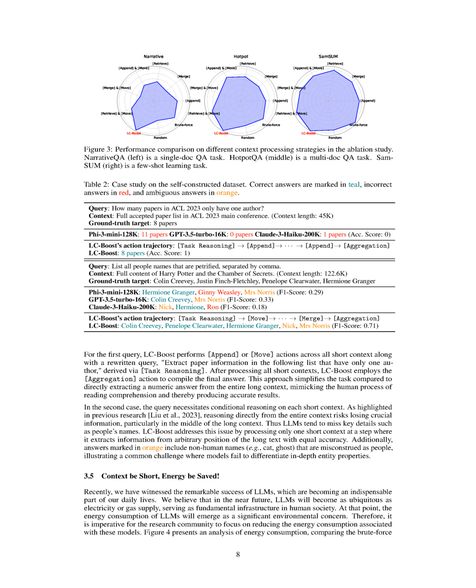Section Summary. In this section, we evaluate LC Boost and baseline models on various datasets spanning different tasks such as single-doc QA, multi-doc QA, summarization, few-shot learning, synthetic tasks, and code completion.